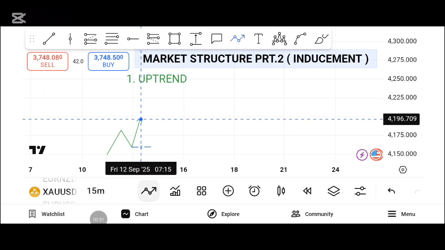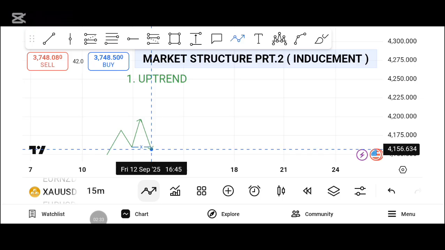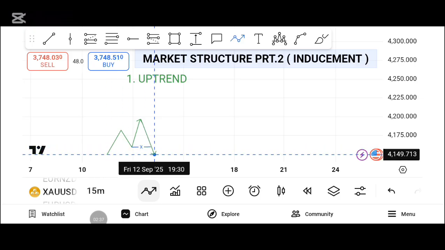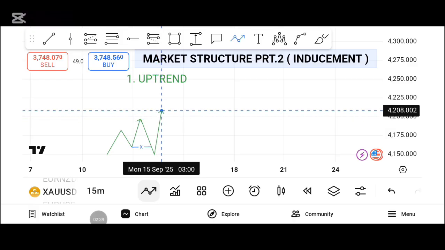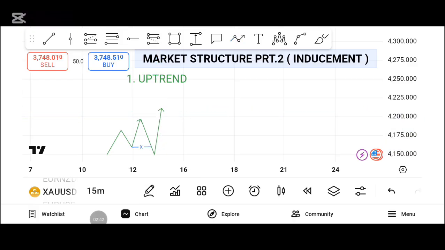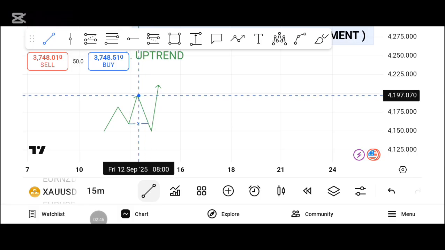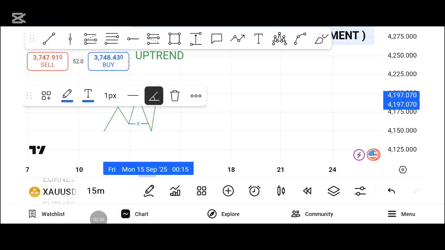So we are expecting price to do what? To retrace back, take out your inducement and mitigate your POI here and give us a valid break construction. This will not be your BOS.